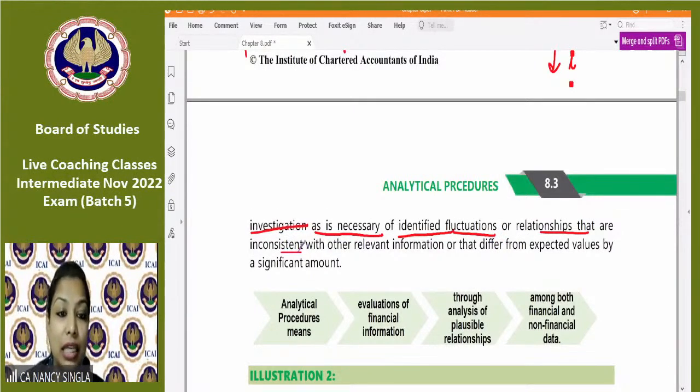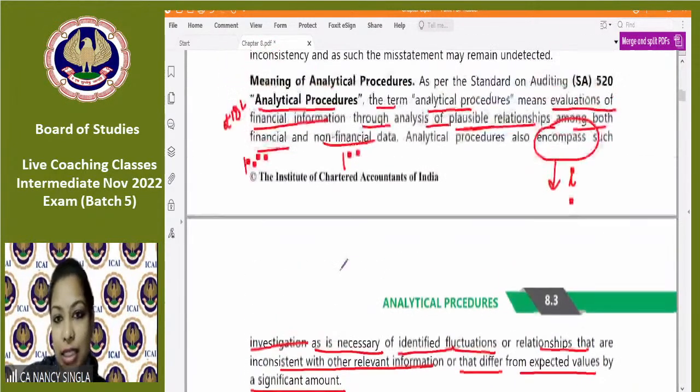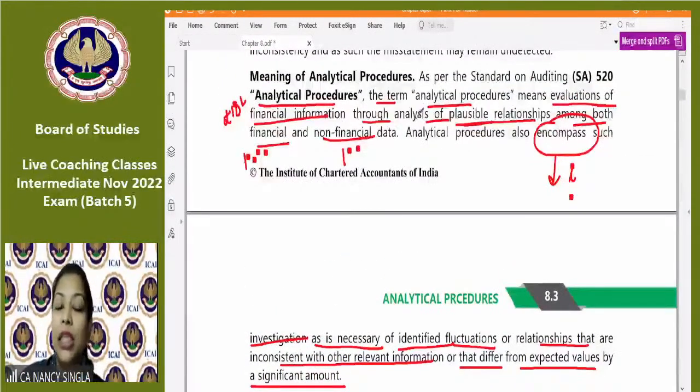Relationships that are inconsistent with other relevant information or that differ from expected values by a significant amount. Clear? So let us read this again. The term analytical procedure means evaluation of financial information through analysis of plausible relationship among both financial and non-financial data. It also encompasses, that is, it also includes the investigation as is necessary.